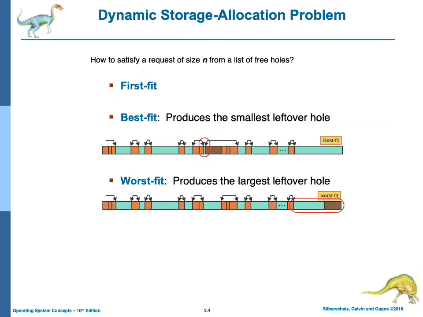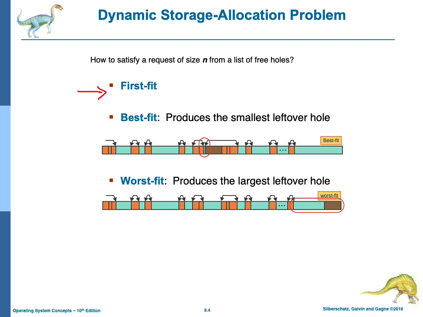There are mainly three ways. There may be more, but we're just going to discuss three main ones to solve the dynamic storage allocation problem. The first is called first fit.